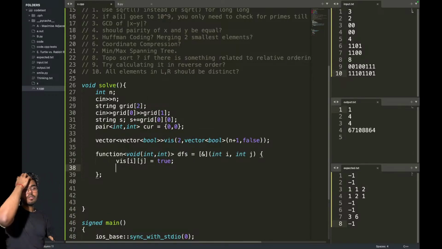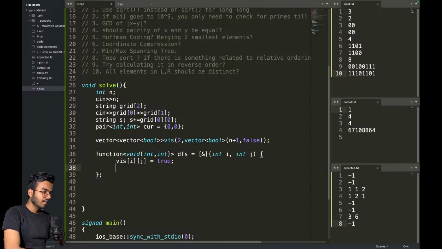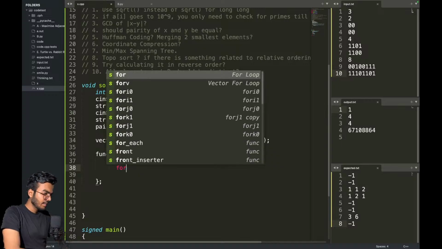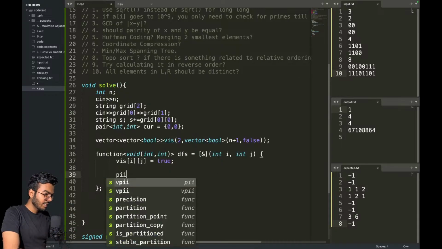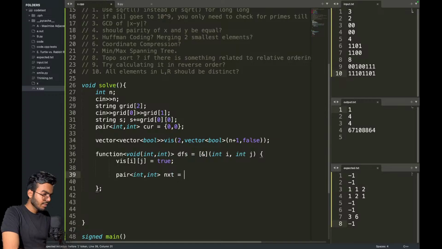I think this is a problem of topological sort. Yeah, I think I get it now. So this is a problem of topological sort, and now I will mark it as visited, and then I will say for int child, like I can't do child, right? I can either go right or I can go down. So for right, let's try to go right. So let's say pair int nxt equals what?